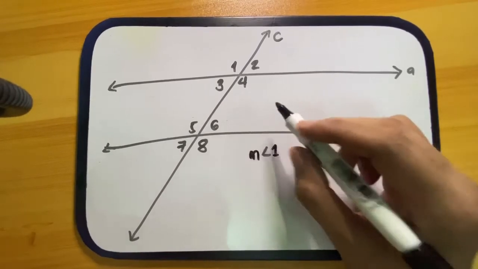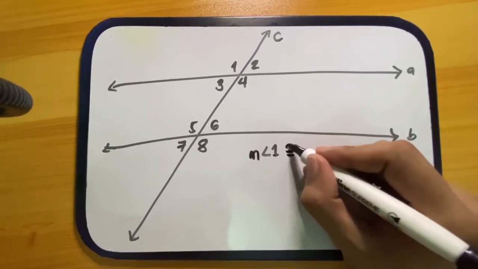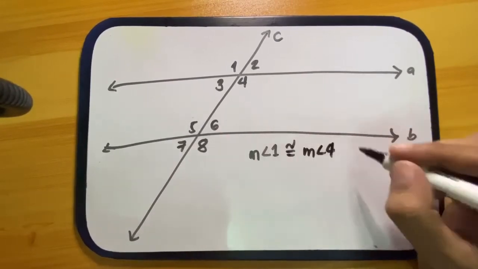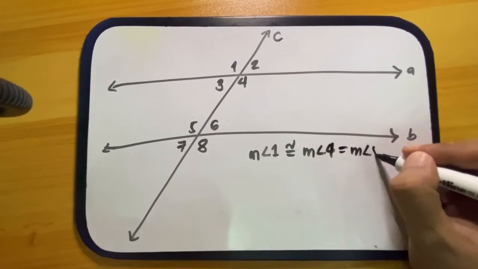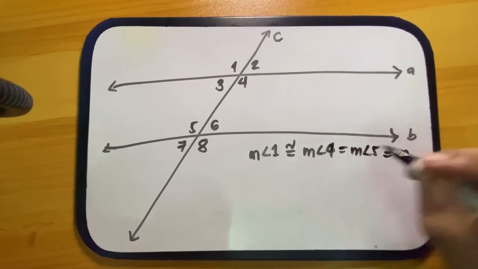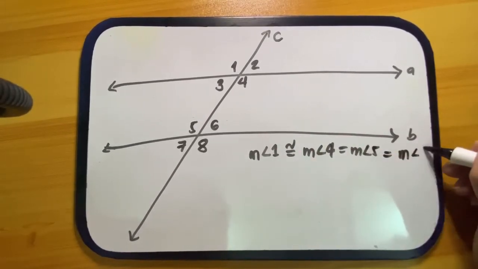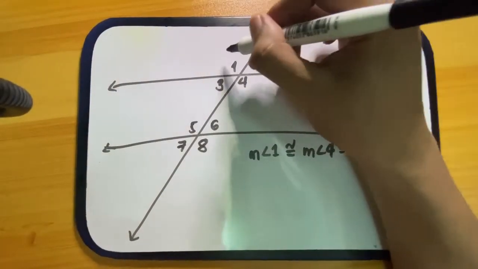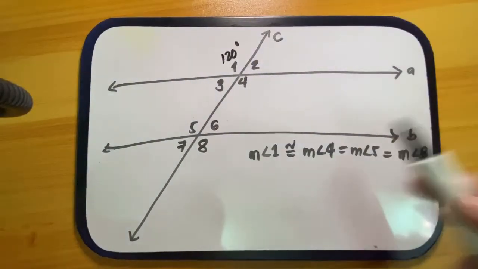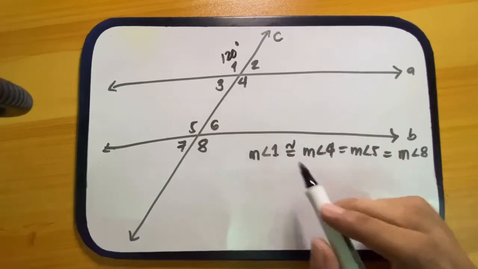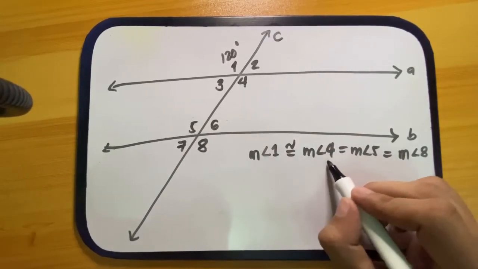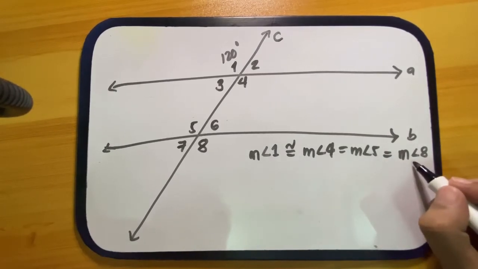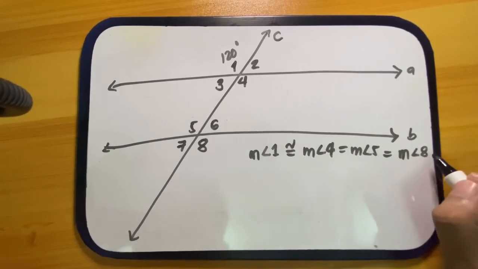The measurement of angle 1 is equal to the measurement of angle 4 and also to angle 5 and to angle 8. Okay, so if I say angle 1 is 120 degrees, then angle 4 is 120 degrees, angle 5 is 120, and angle 8 is 120 degrees.